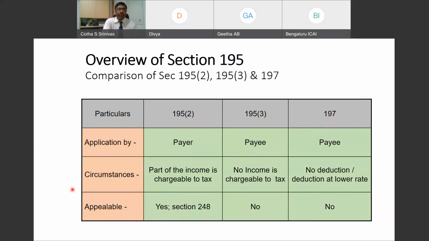Circumstances: under 195(2), part of the income is chargeable to tax. Under 195(3), no income is chargeable to tax, that is, the entire income is not chargeable to tax. Under 197, no deduction or deduction at a lower rate. Whether it is appealable: a 195(2) order is appealable under section 248, but a 195(3) order and a 197 certificate are not subject to appeal.